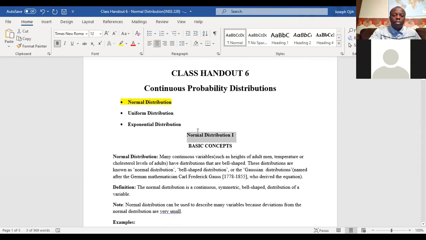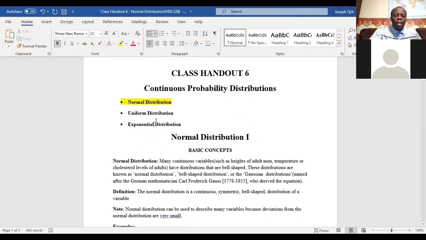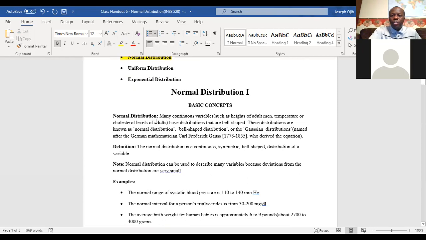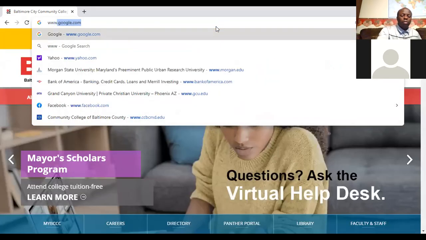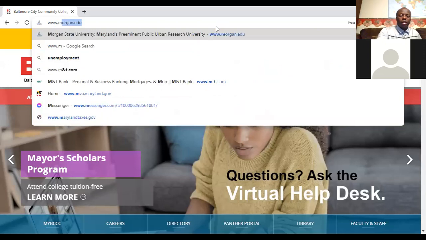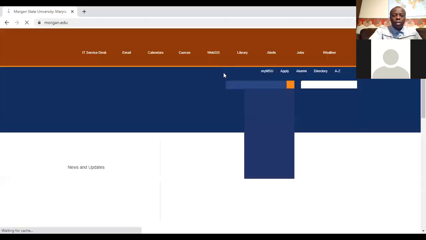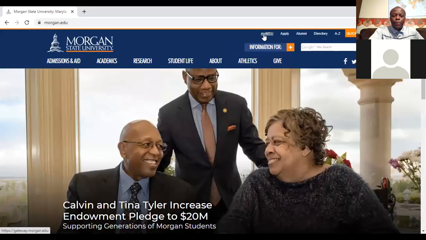Normal distribution. Before we start, I want to refer you to that table I mentioned last week. I have it uploaded for you in your class. Let me show you where it is located. You have to download this table, because that's what we'll be using from now on.